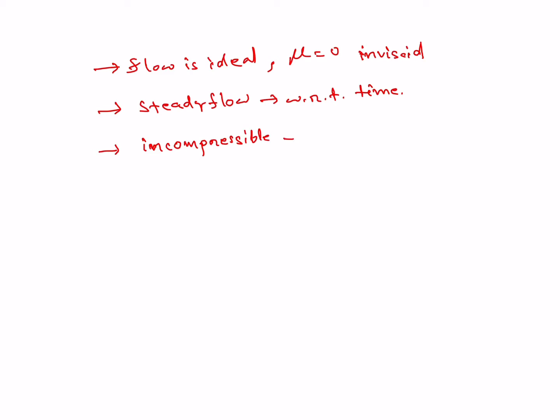Rho is constant. Incompressible means your density rho is constant. Then irrotational flow, then flow is continuous.